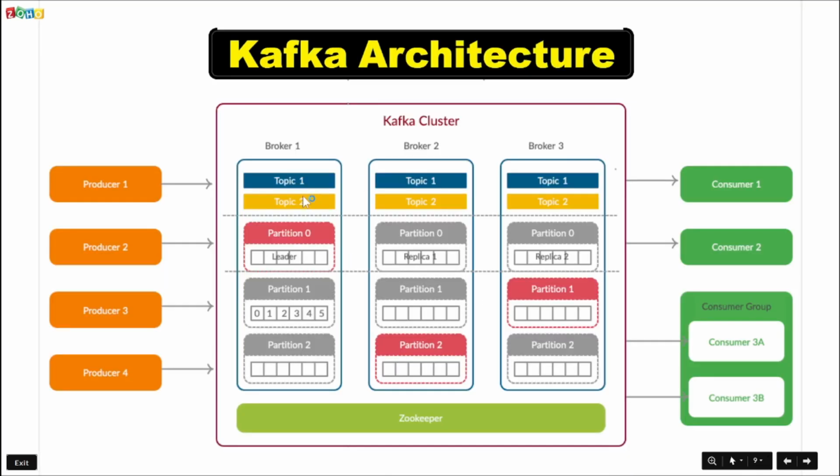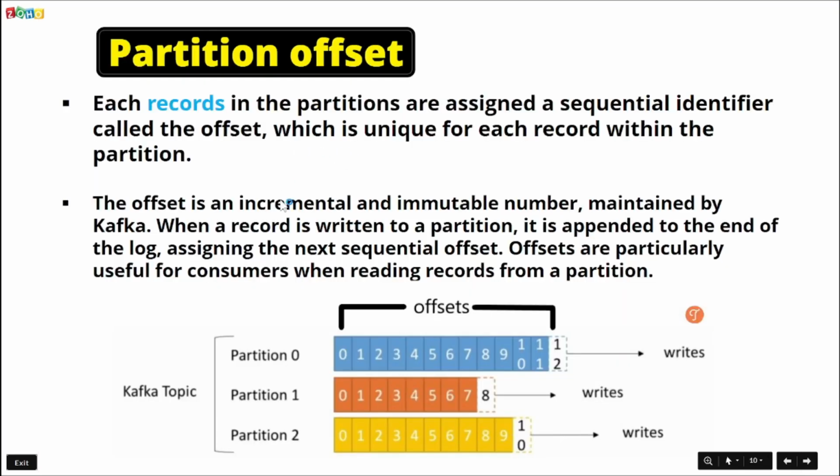So in this diagram we can see there are three partitions for topic 1, and all of these three partitions are replicated to broker 2 and broker 3 also, and every broker will have leaders and others will be replicas. So if in any case broker 1 is down, then the read and write operations will automatically start happening from broker 2.